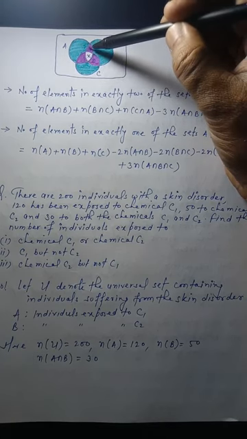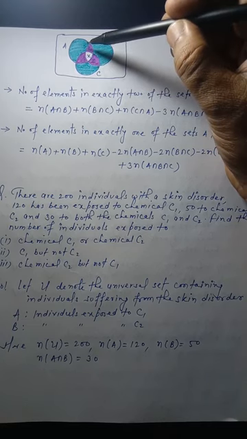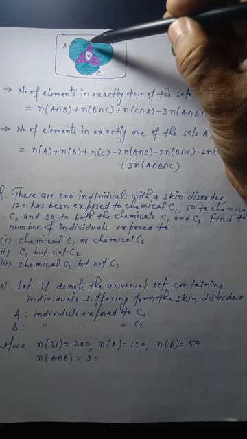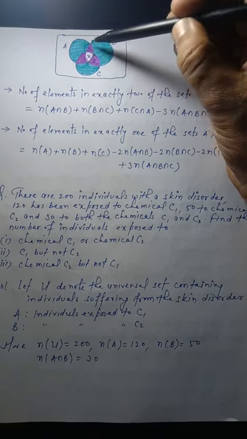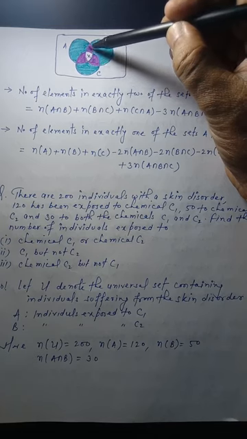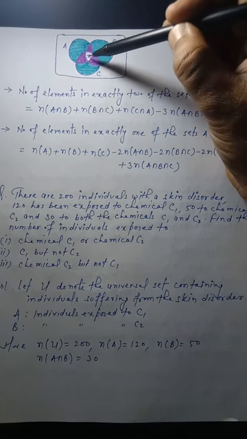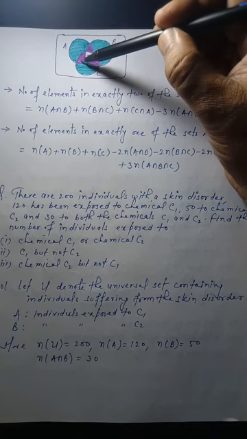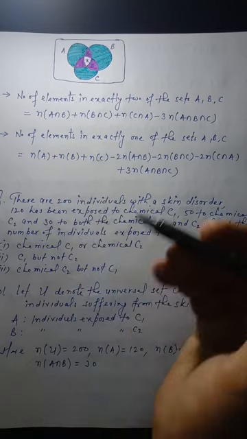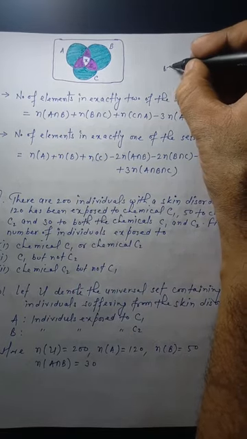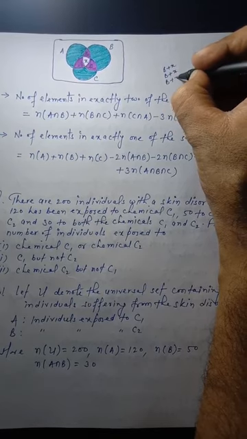So for A plus B plus C, what you do is write this part as brown plus x, for this brown plus x, and for this brown plus x. So we have taken brown plus x, brown plus x, and brown plus x.